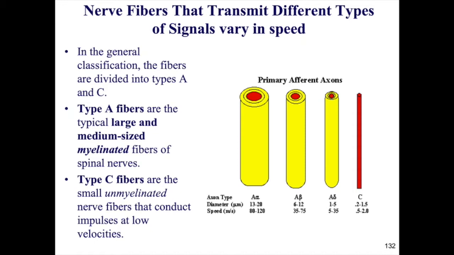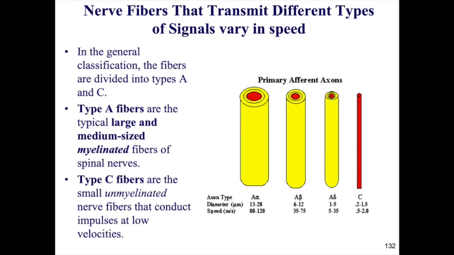However, peripherally, it's important to understand that we have two kinds of axons that are responsible for carrying pain signals. We have axons that are myelinated and axons that are non-myelinated or unmyelinated. And we spoke about myelin before, and myelin allows the axon to propagate the signals faster and more efficiently.